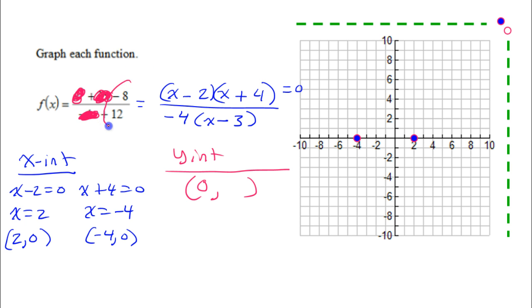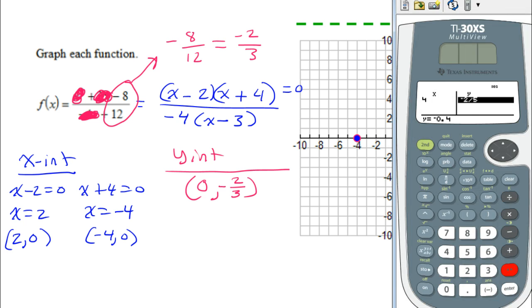So that would just leave this. It would leave negative 8 over 12. Both of these are divisible by 4, so that's negative 2 over 3. So the y-intercept is (0, negative 2/3).